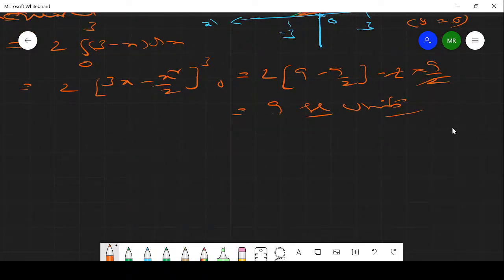In the third problem, sketch the graph of y equal to mod x plus 3 and hence evaluate the integral from minus 6 to 0 of mod x plus 3 dx.